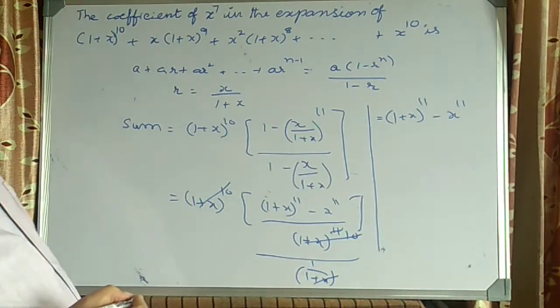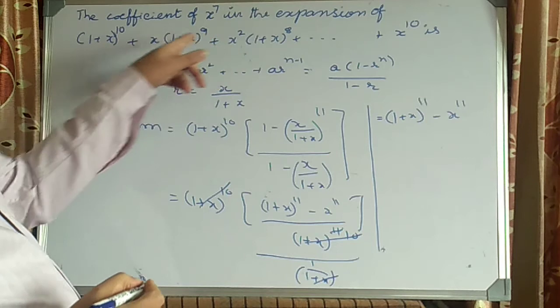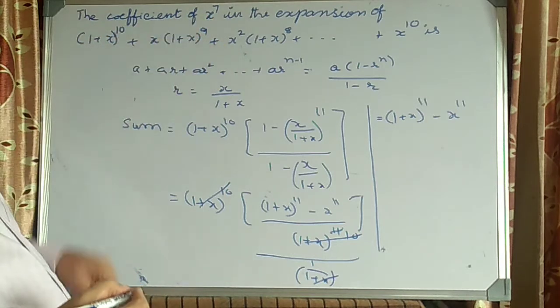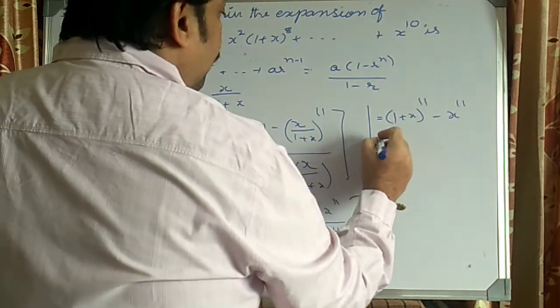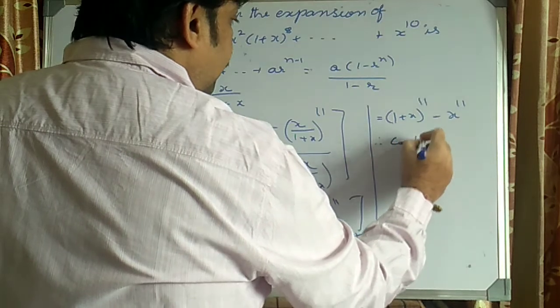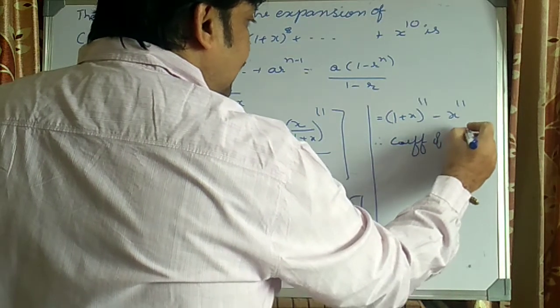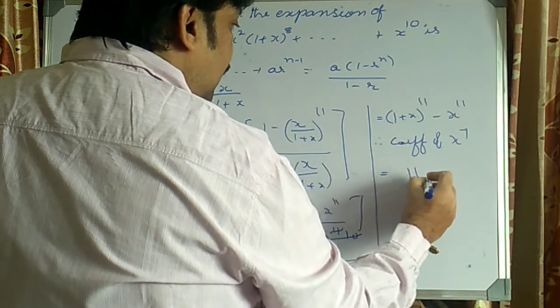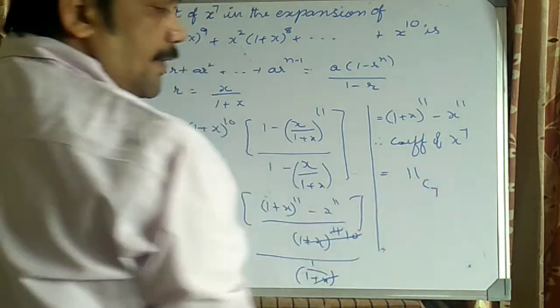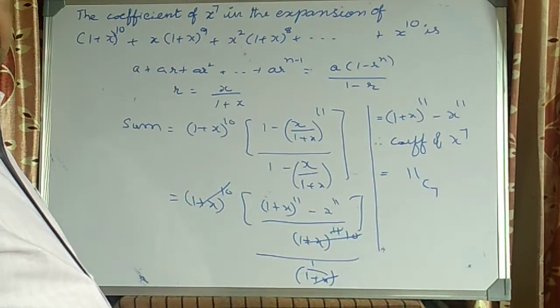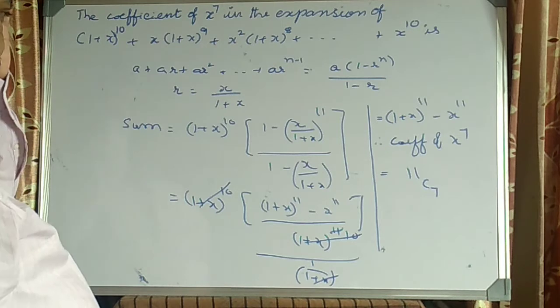Here it's very clear. I wanted the coefficient of x to the power 7, therefore the coefficient of x to the power 7 is 11c7.